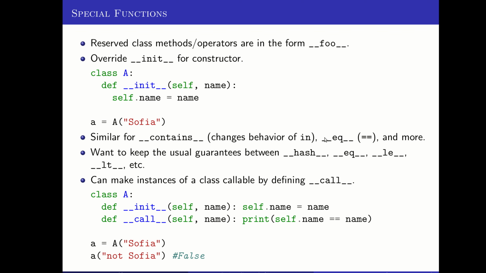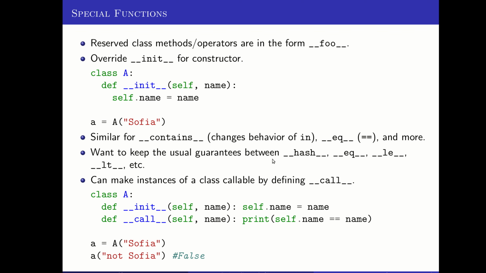We can define an equality to override double equals, because the default for double equals, as in many languages, is to check memory equality. But if we wanted to only check the user's name being the same as another user's name or that kind of thing, then we could override underscore EQ, and that will give us a new equality measurement.